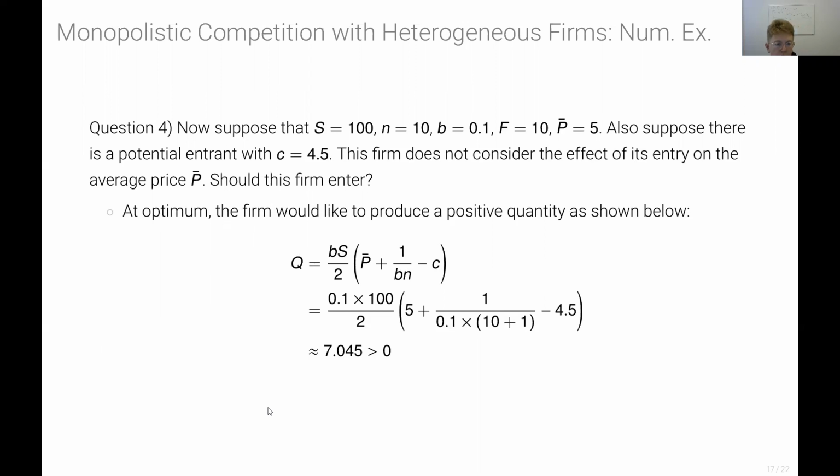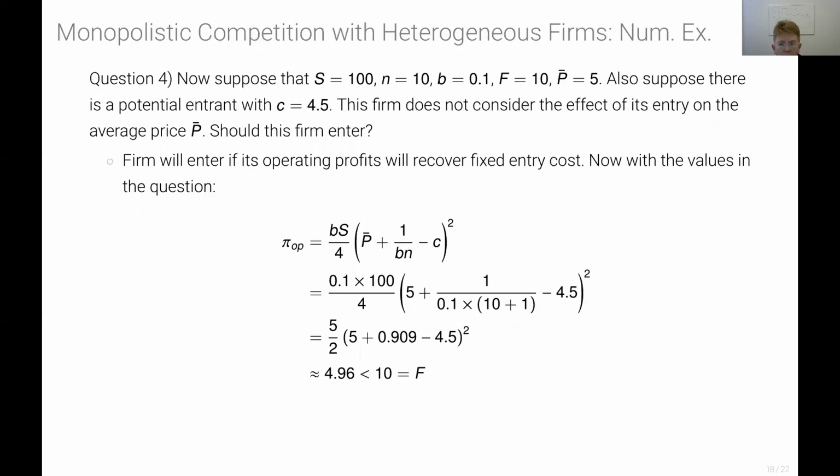Then all we're going to do is plug in for the values given to us above, and do some computation. It turns out that will give us 7.045. Notice that that's greater than 0. So if the monopolistic competitor is going to enter the market, then they would like to produce some positive quantity.